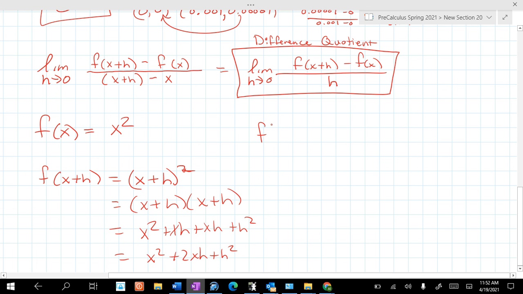So to find the first derivative, which is labeled with an apostrophe next to the f, the first derivative of x, which helps us find the slope at any point, is f of x plus h minus f of x over h, which in this case is x squared plus 2xh plus h squared minus x squared all over h.